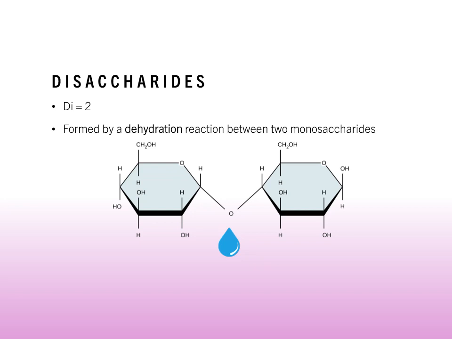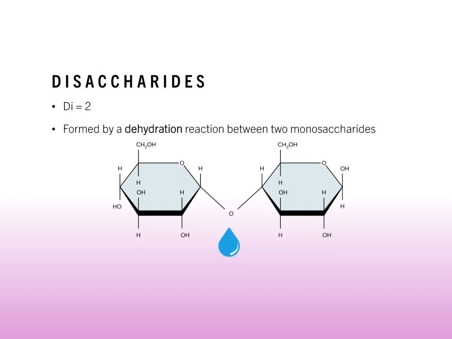If we had used different monosaccharide combinations, we'd have made different disaccharides. For example, glucose plus fructose will produce sucrose, the typical white sugar that you probably have a bag of in your pantry. Glucose plus galactose would produce lactose, the sugar commonly found in milk.